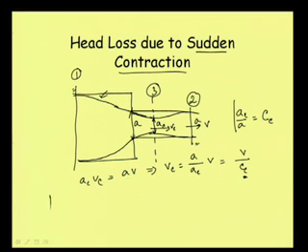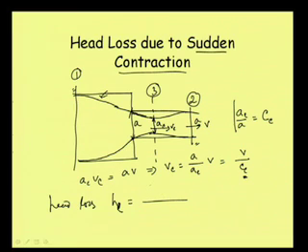Now, the head loss HL is equal to, as we were saying, the velocity at this point Vc minus V, because it is just like an expansion, so 1 by twice g.